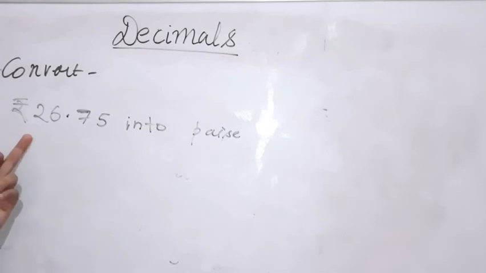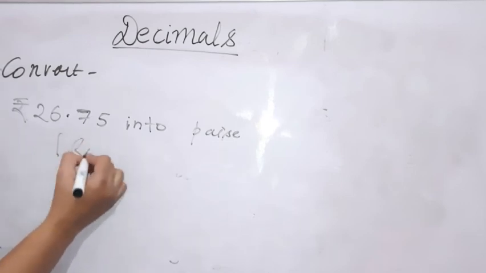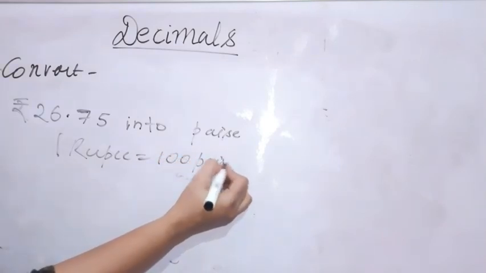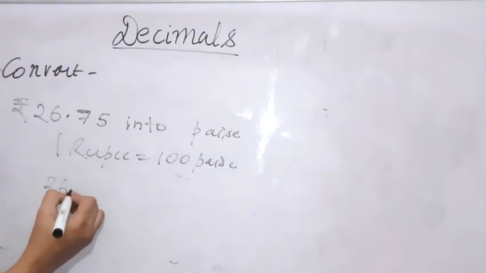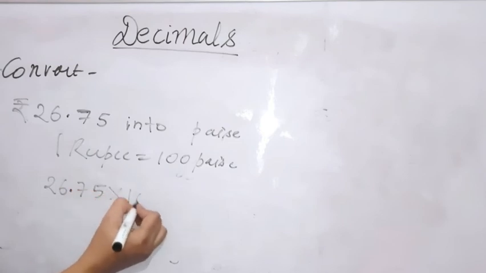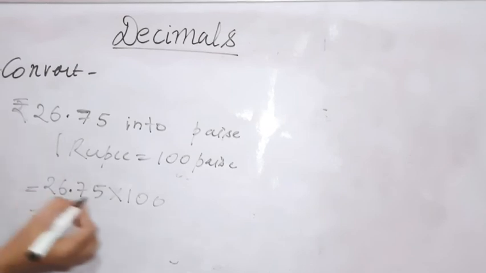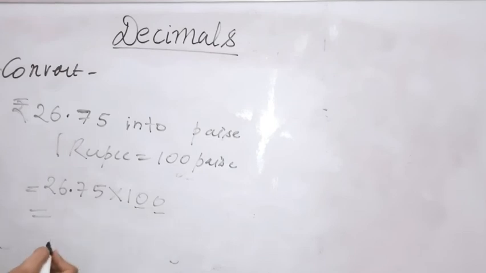Since rupees is a bigger unit and paisa is a smaller unit, you are going from a big unit to a small unit, then you have to multiply, and we all know that 1 rupee is equal to 100 paisa. So it will be 26.75 multiplied by 100, and whenever you are multiplying any decimal number by 10, 100 or 1000, we have to count the zeros and shift the decimal point to the right.